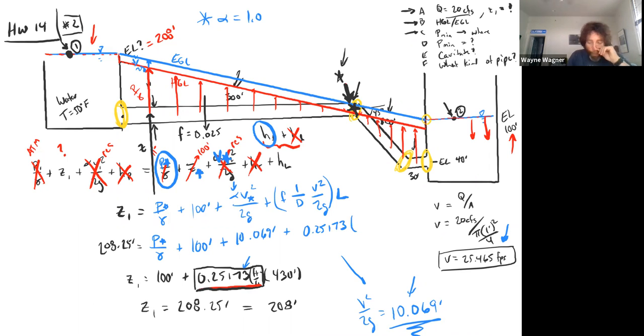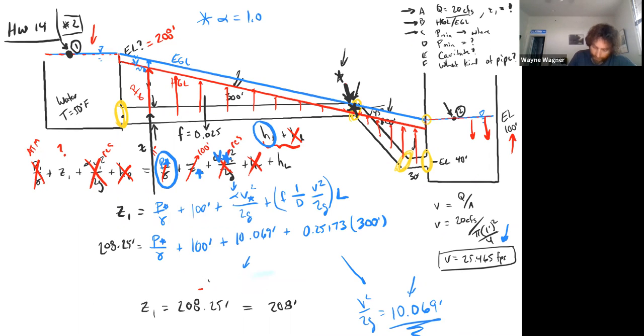Now remember, that's the length from 1 to star, so that's 300 feet this time. And then this is just an algebra problem. And of course, gamma in this case, we always have to be careful with that. So in this case, gamma is 9810 newtons per meter cubed.